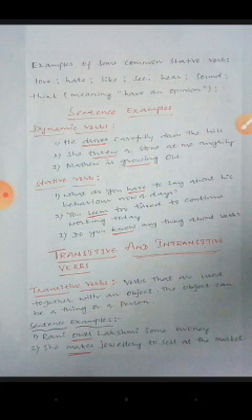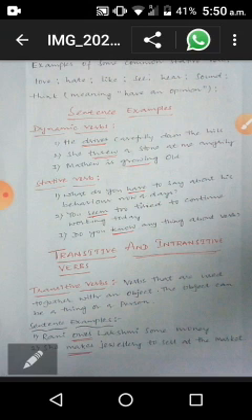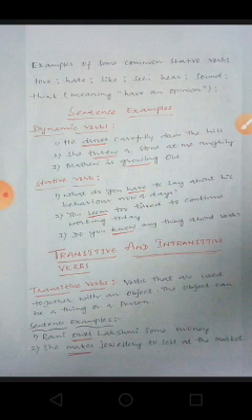Stative verbs, sentence examples. Example 1, what do you have to say about his behavior nowadays? Second example, you seem too tired to continue working today. What do you mean by stative verb?